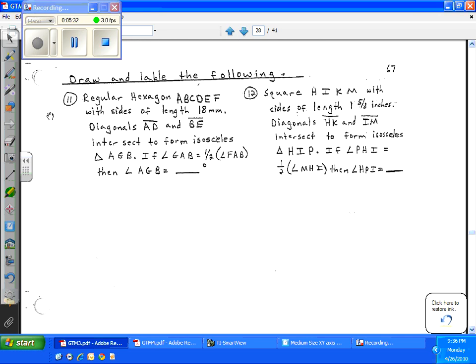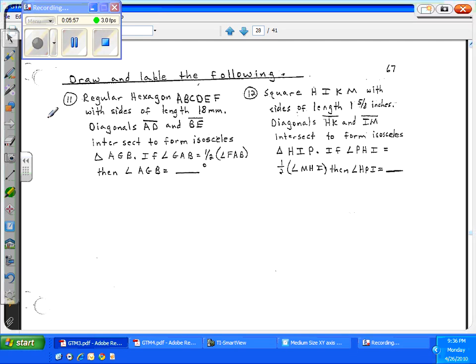More draw and label, and again, this is where I'm not going to do as many of these as far as teacher instruction. For my students in the classroom, I would model this. Hopefully, a teacher would be modeling this. Let me do some of this. It says a regular hexagon A, B, C, D, E, F with sides of length 18.